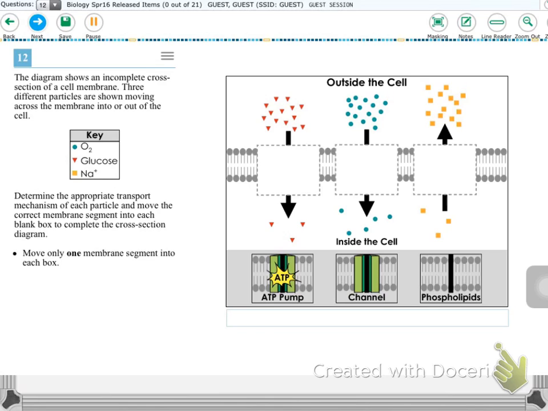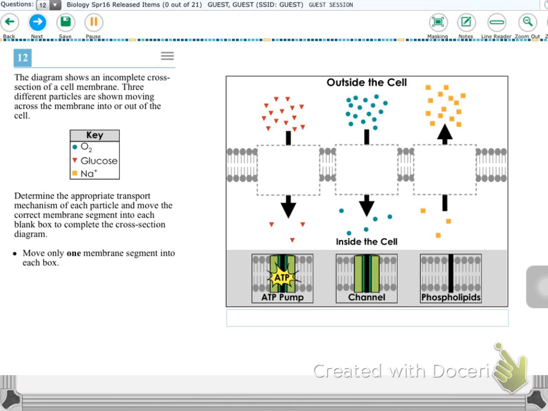Remember I said the cell membrane is just made of phospholipids, plain old phospholipids. That's just a plain section of cell membrane, nothing special here. It can diffuse materials across it. This next one is a channel.